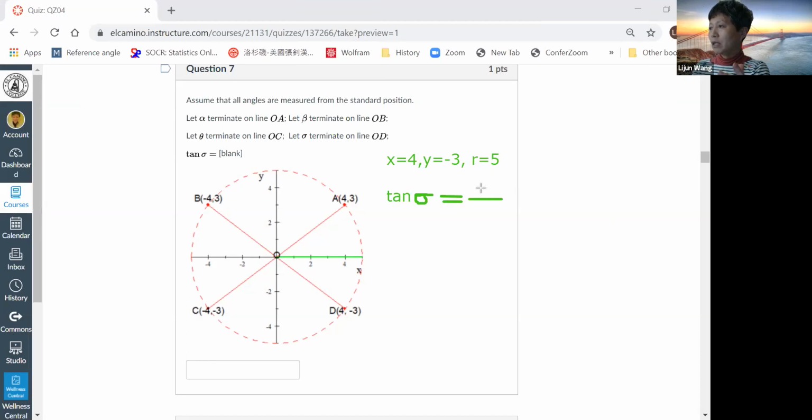So it's going to be -3 over 4. But the answer I put in the place might be, there are two choices. One is -3/4.